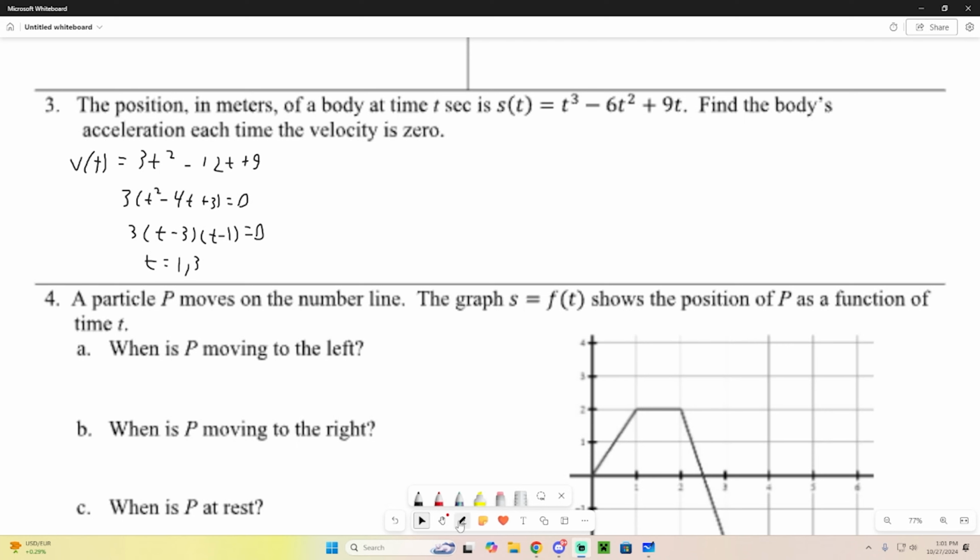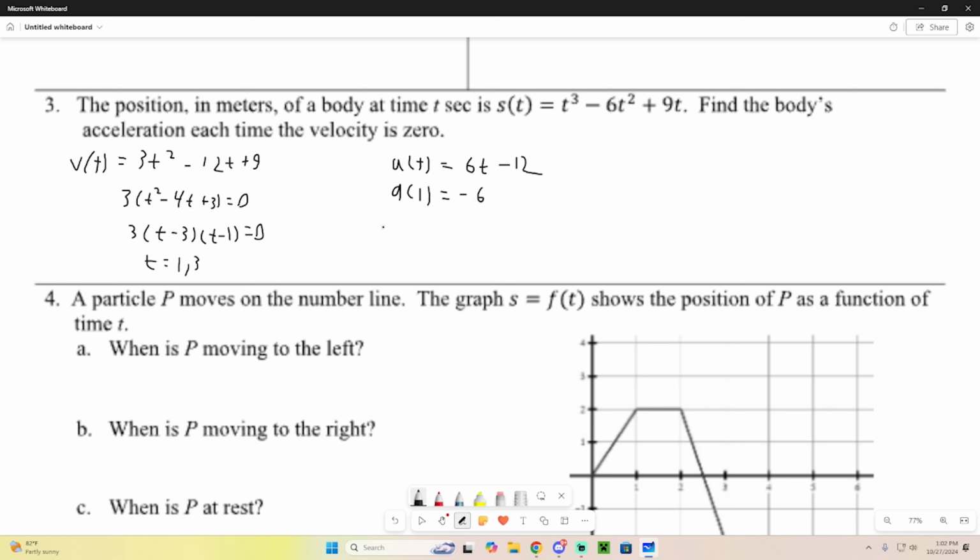Alright, so now that we got our times when the velocity is 0, we need to find our acceleration when the velocity is 0. And in order to do that, we first need to find our acceleration function. So our acceleration is just the derivative of velocity. So let's take the derivative of this. We get 6t minus 12. And now we can just plug in our values. So a of 1 is equal to 6 times 1, which is 6, minus 12, which is negative 6.